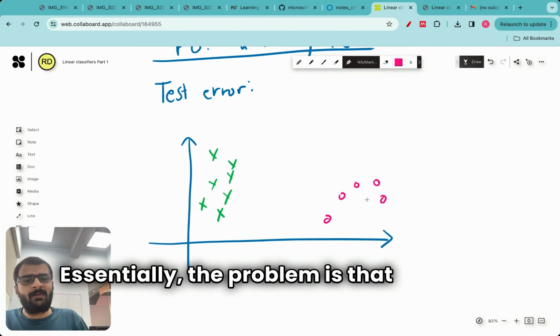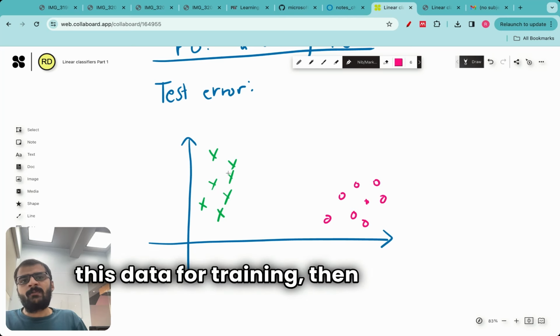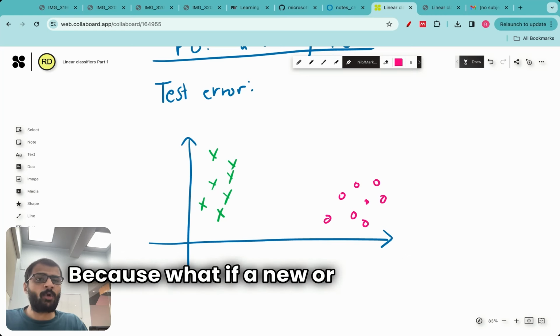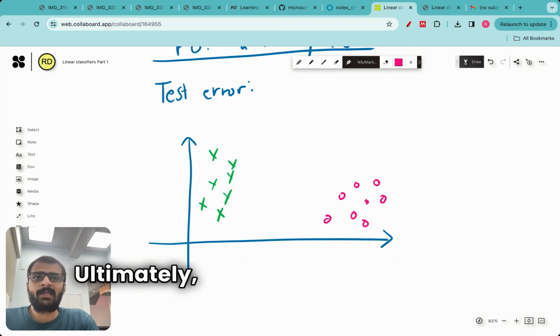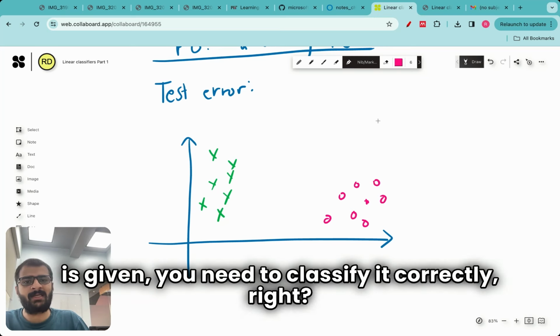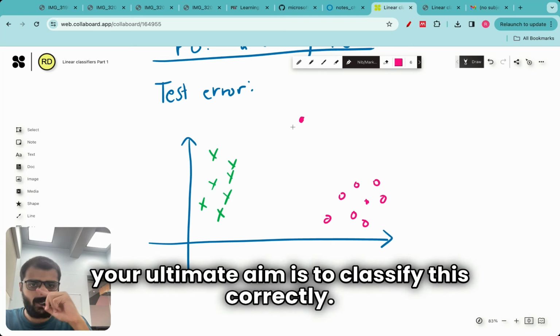Essentially, the problem is that if you use all of this data for training, that's not a good practice, because what if a new animal comes? Ultimately, the aim is, if new animal data is given, you need to classify it correctly.